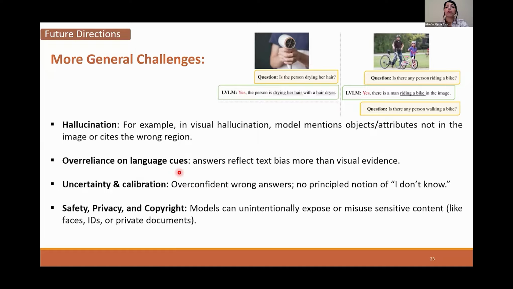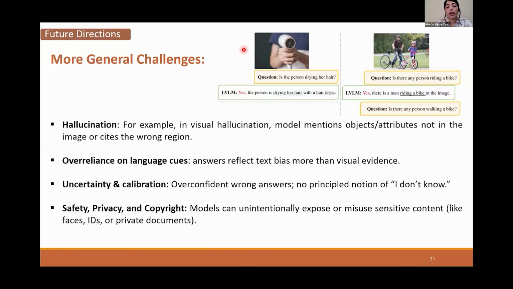Because in most of the VLMs, including LLaVA, in the last layers, the effect of the language modality will be more than the tokens that come from the vision, because the LLM itself is trained on the language modality. So there are a lot of works recently trying to address this problem, and there is still a lot of room to work on it.